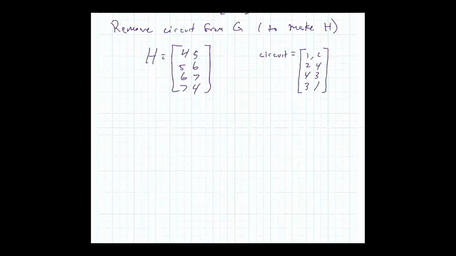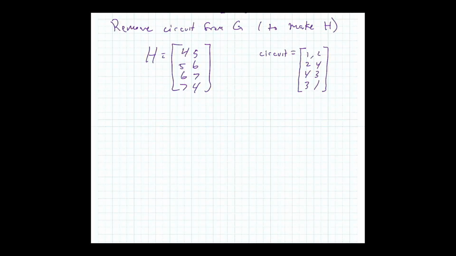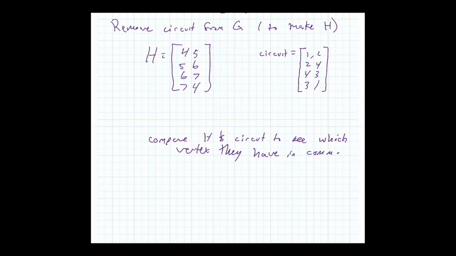So the first thing you're going to do is compare H and circuit to see which vertex they have in common. If you look at this and you look at this, you ask, what vertex in here is also in here?